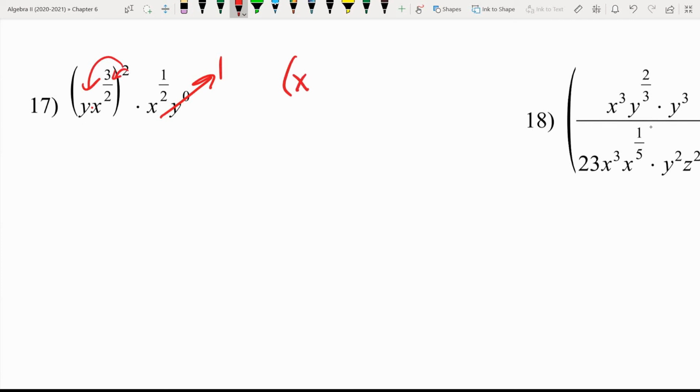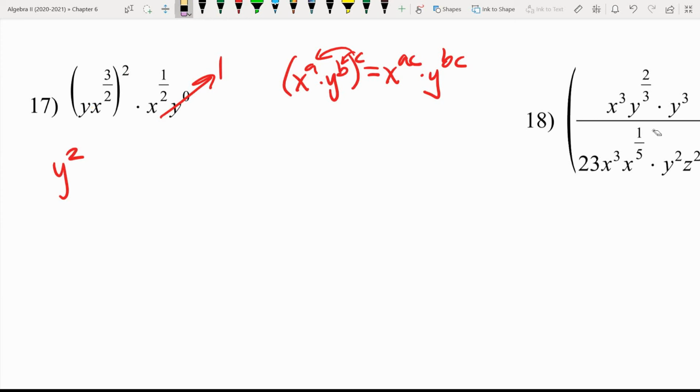This is that rule. If we have x to the a times y to the b, raised to the c, it's x to the ac times y to the bc. We distribute that exponent on the outside. So it's going to be y squared when I do it times the y raised to that power. But this one right here, think about this as 2 over 1. What's going to happen to the 2's?